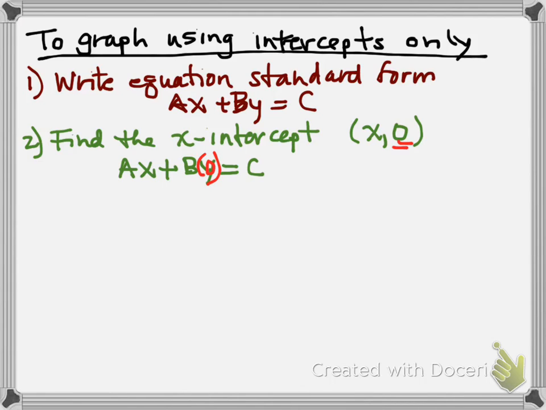Because of this, we let y equal 0. And then we have this equation to solve. Now, you're going to have numbers here. And then you would solve for x.